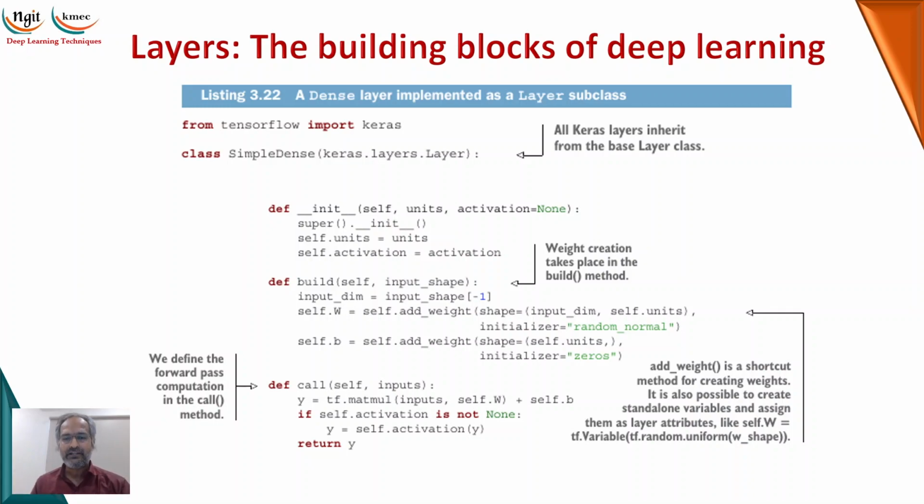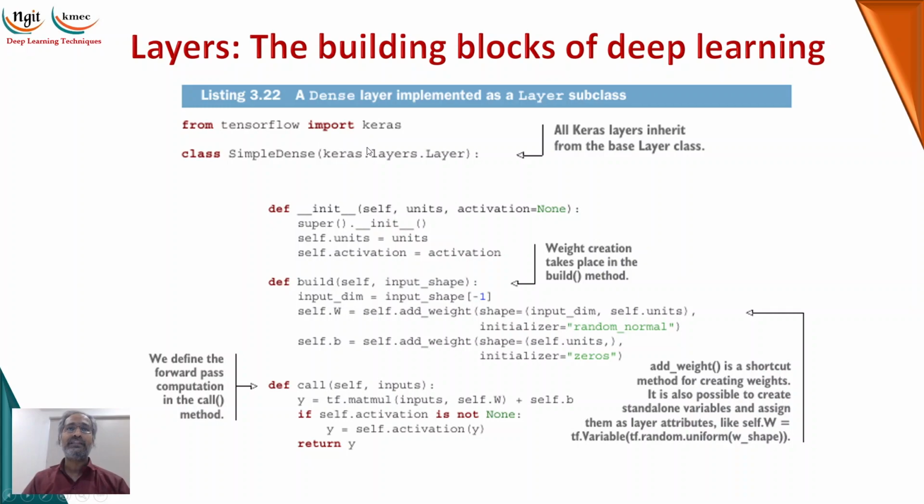How can we implement it? Actually, there are two ways to implement layers. One is by using the API, or by deriving a new class from an existing class in the available package or library. Here, as I mentioned, Keras has become part of TensorFlow, so from TensorFlow we are importing Keras.